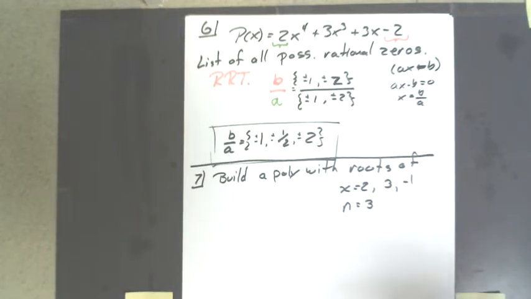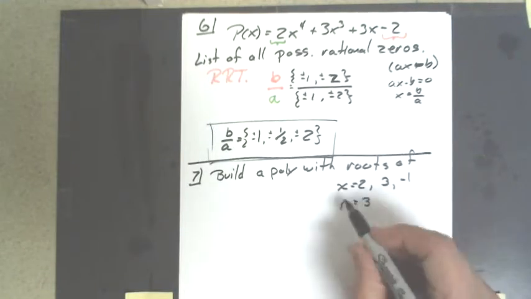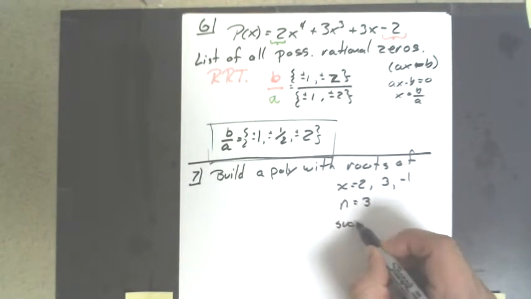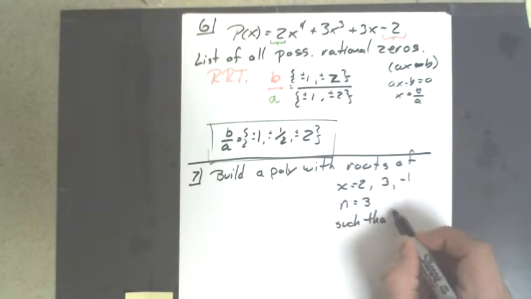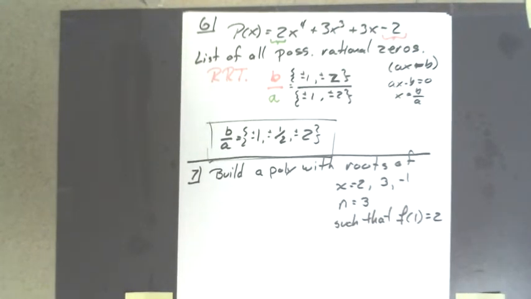Or one could say of minimal degree. There's 3 numbers, so the minimum degree is 3. Such that, and here's always the hard part, such that f of 1 is equal to 2.